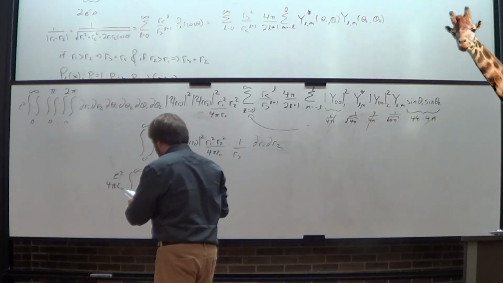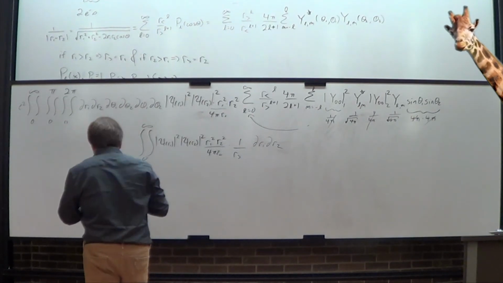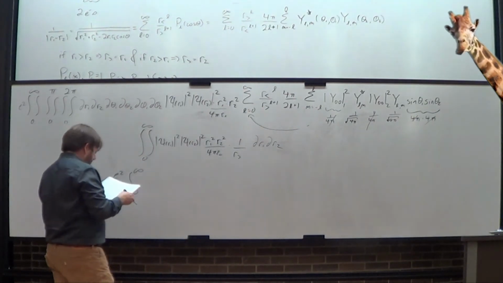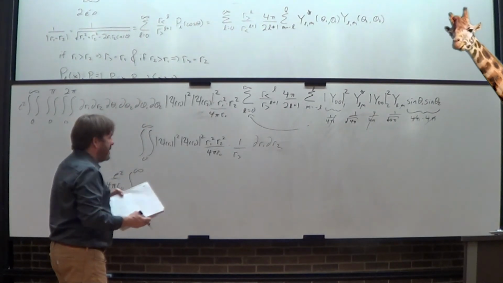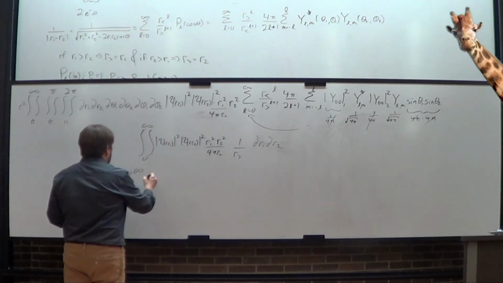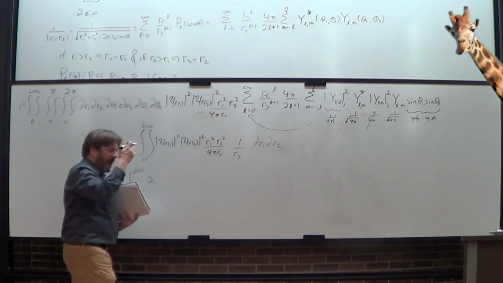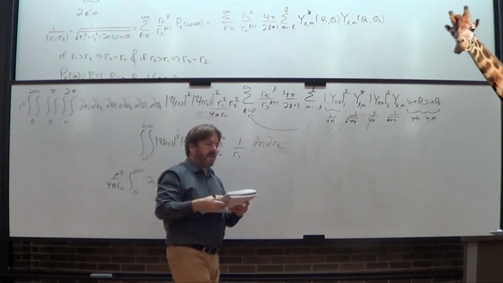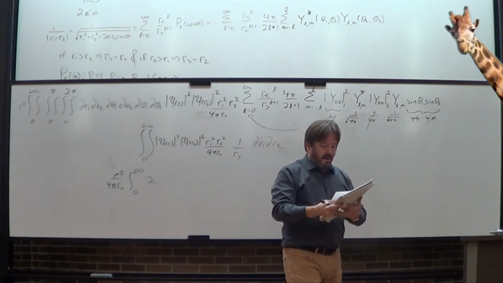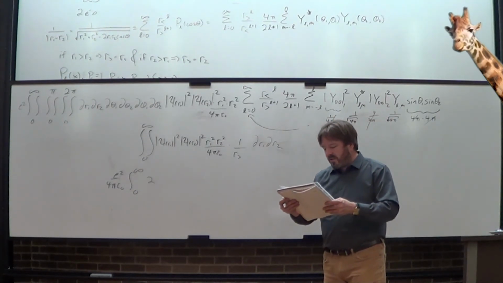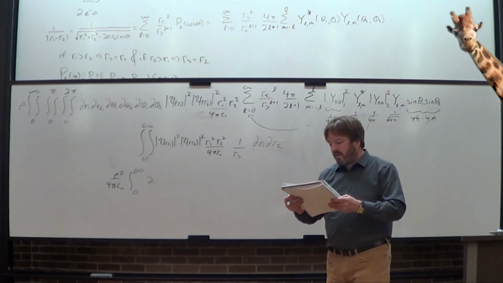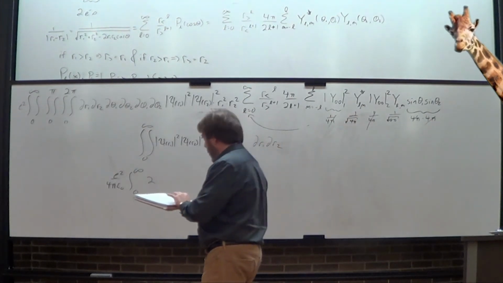Okay, the normalization. Now I remember. I had to think about which wave function I was using. I told you there's 2 wave functions. I'm using the 2 z over a naught to the 3 halves. But then I have to square it, right?